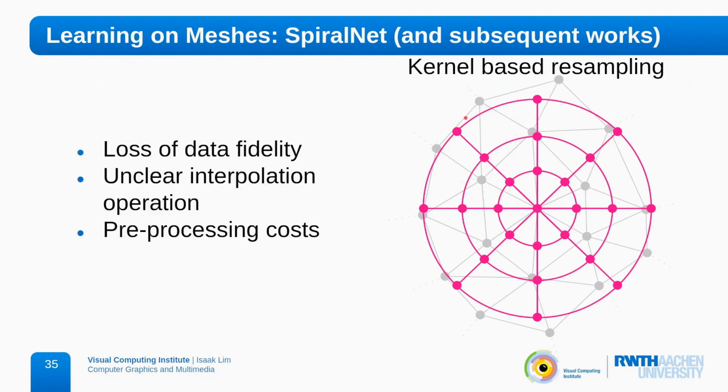This can lead to a loss of data fidelity, and depending on the information that is stored at each mesh vertex, it is unclear whether the interpolation operation is meaningful. Furthermore, depending on the choice of these geodesic convolutional filters, we can have heavy preprocessing costs.